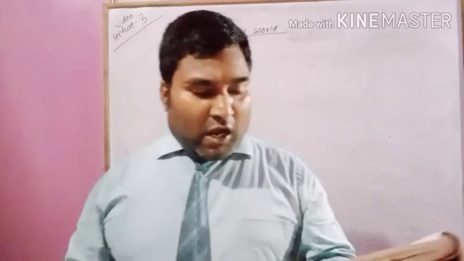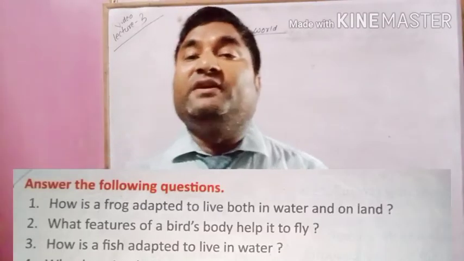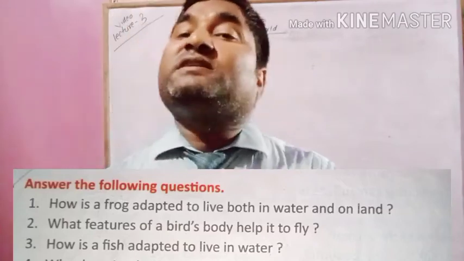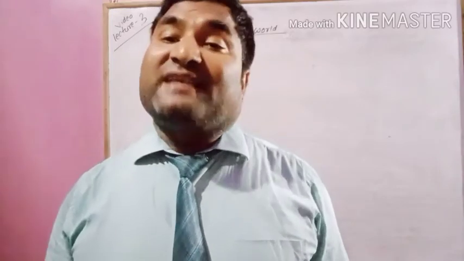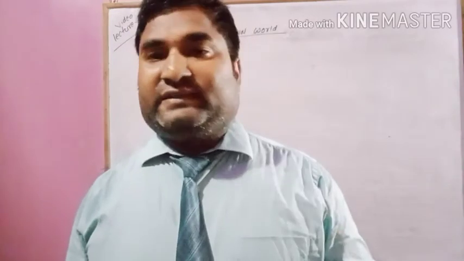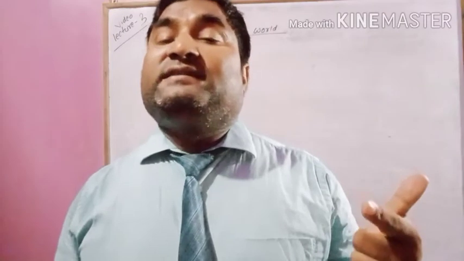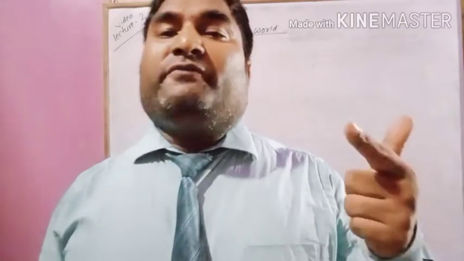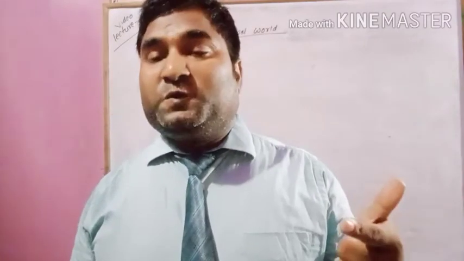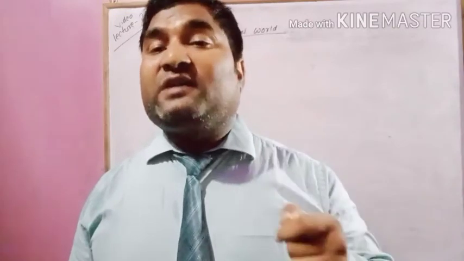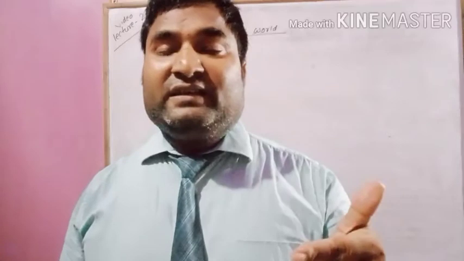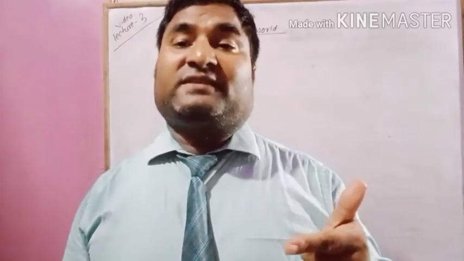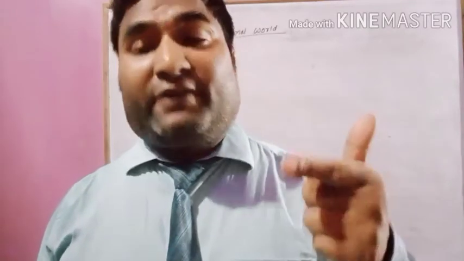How is a fish adapted to live in water? Fish body is covered with overlapping scales. That is the first characteristic. Second, they have gills which help them to take oxygen from water, means the oxygen dissolved in water is taken by the fish with the help of gills.